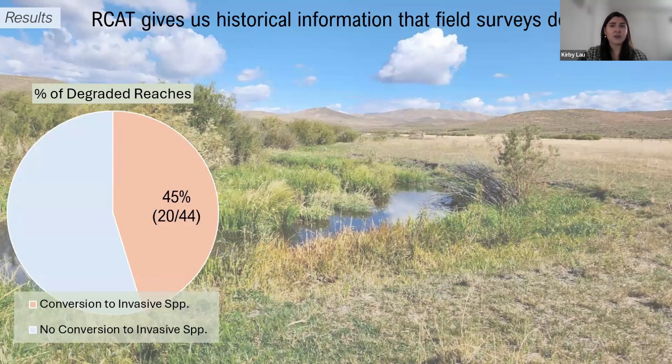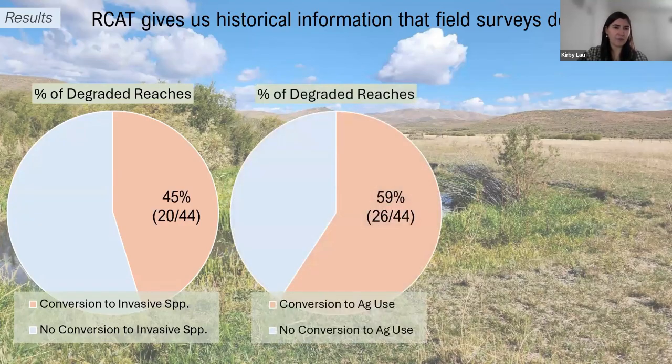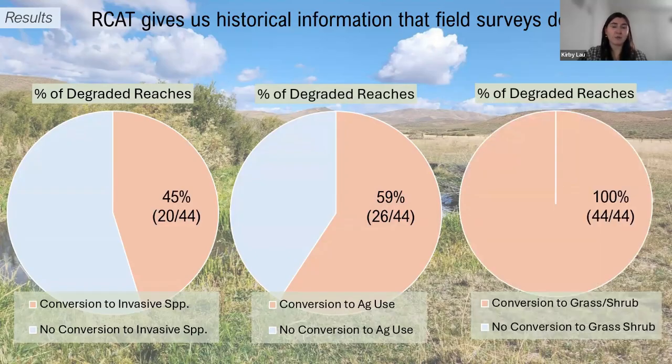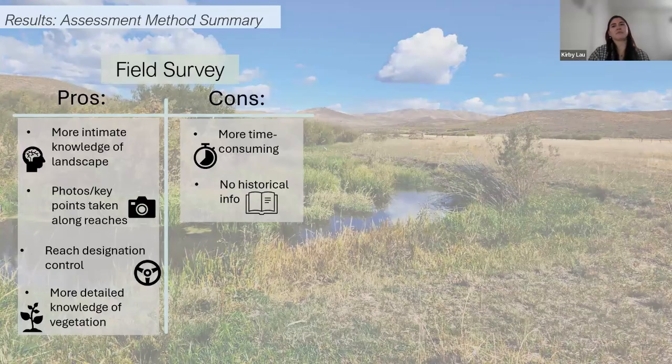And as you can see, 45% of degraded reaches were experiencing some level of conversion to invasive species from previous conditions. 59% were experiencing conversion to agricultural use, and 100% were seeing conversion to grass and shrub cover. So that's non-riparian, that's upland grass and shrub cover. So this is just an example of something that you can get from RCAT that you actually cannot get when you're out in the field doing these surveys.